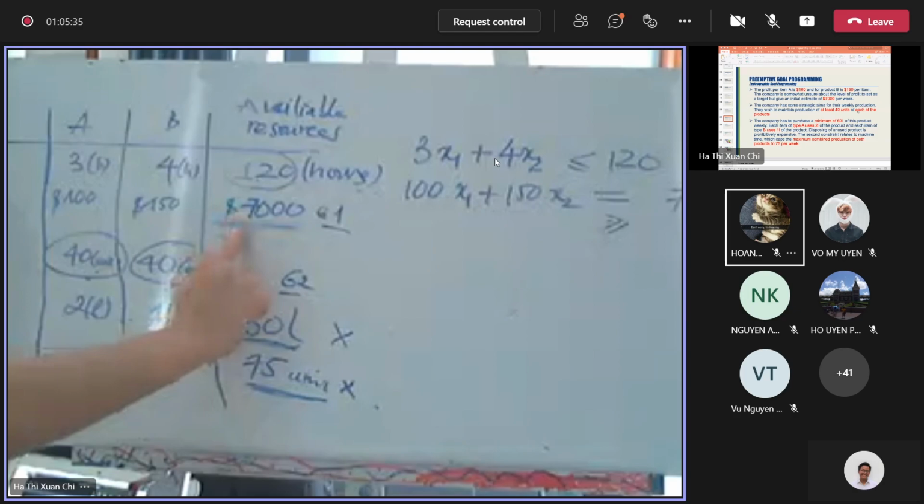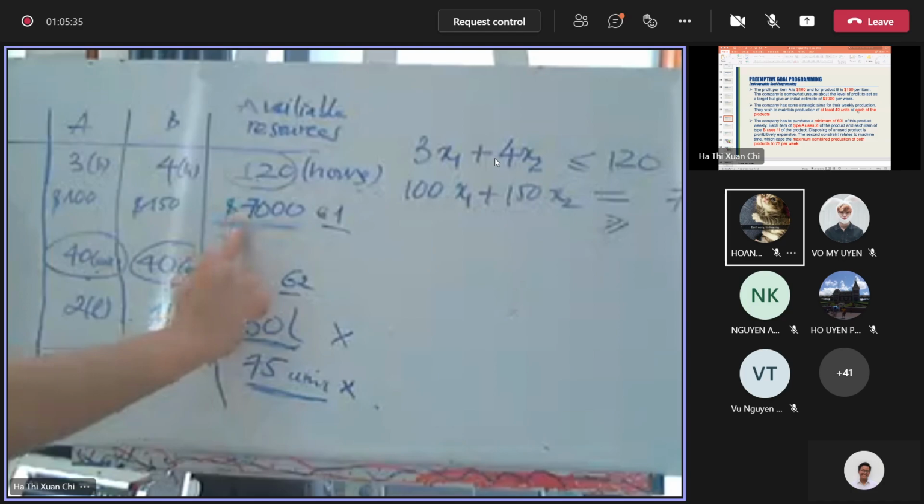Everyone, can you draw that? You see that there are 2 variables, so we can use graphical methods, right? 1, 2, 3, 4, 5, 6. But if we draw 6 constraints here, which one is the feasible region?